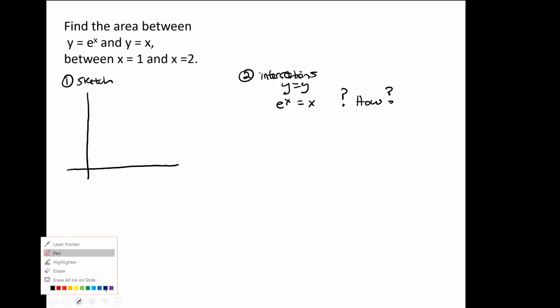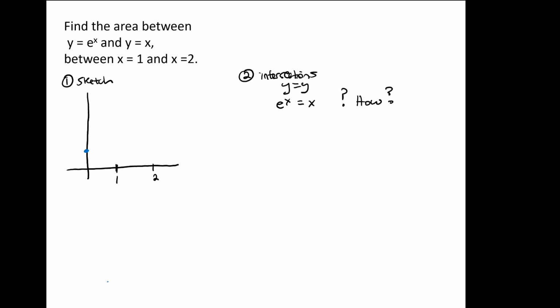Okay, e to the x looks like this. When x is 0, the y value is 1. It's not very even, is it? At least make a mild effort to do that properly. Okay.